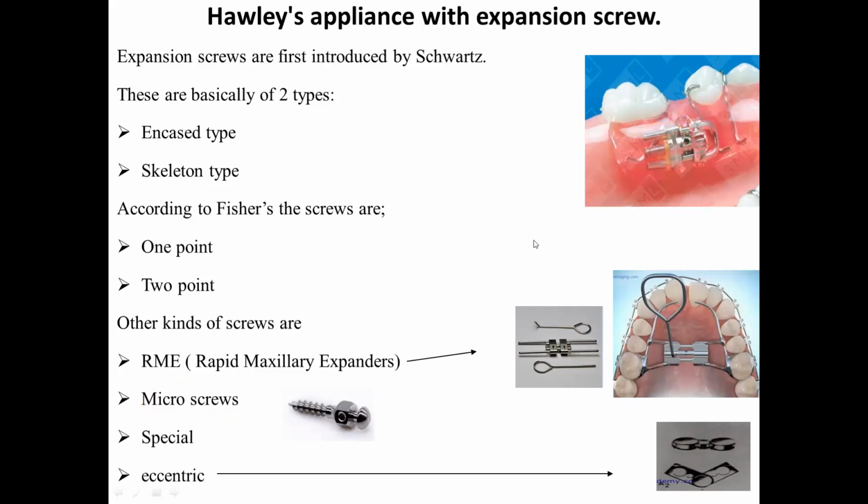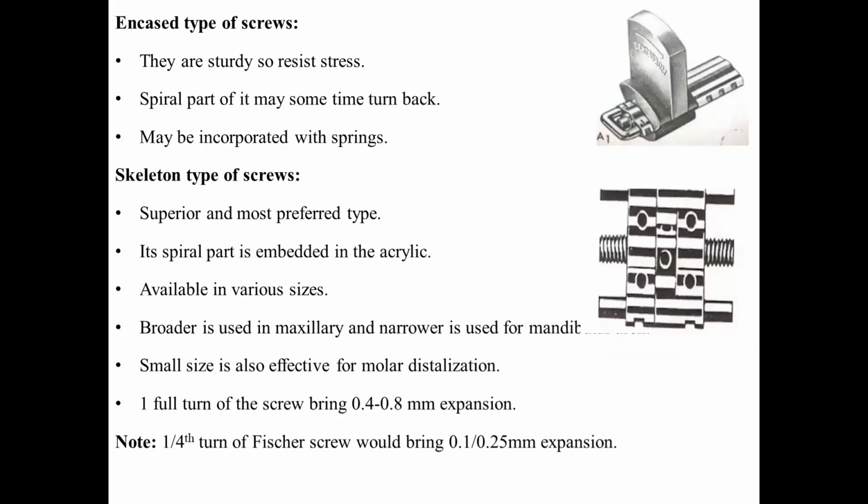So this is the way we regain the space by distalizing the molar tooth, which has taken the space of a future premolar tooth which was supposed to erupt, and we need to regain the lost space. We have several methods of gaining this space. There are other types of screws available in the market.